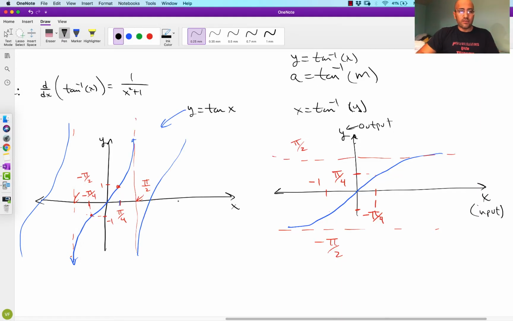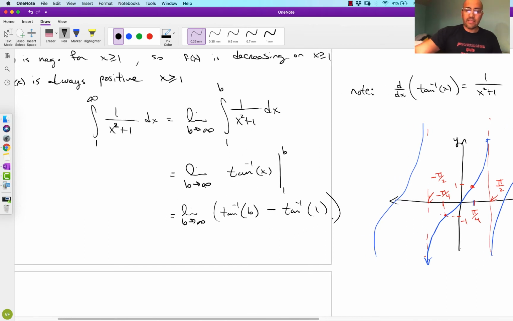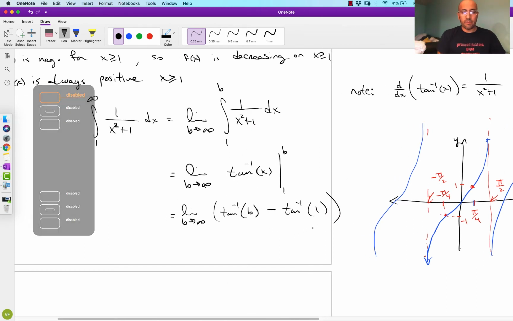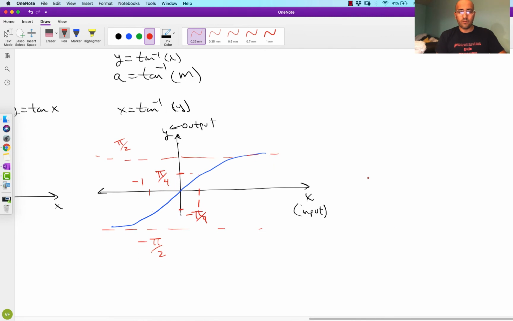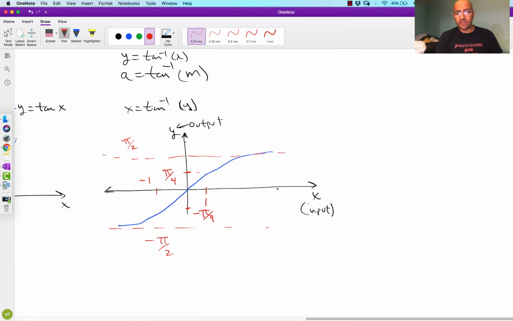Back to this guy. The point is that tan inverse of 1 is going to be pi over 4. The limit as b goes to infinity of tan inverse of b approaches positive pi over 2, whereas this equals pi over 4. As the input gets infinitely large, as b gets infinitely large, the function gets infinitely close to pi over 2.